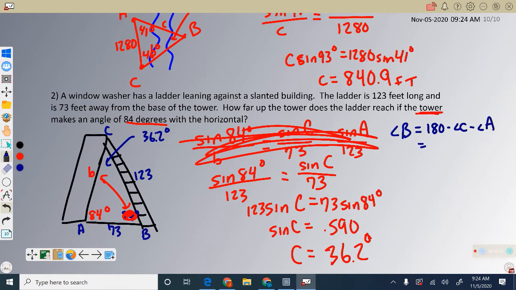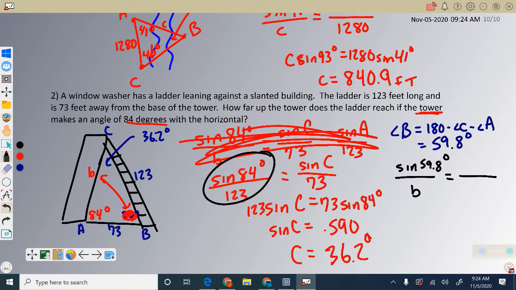So when we subtract 180 by those two values that we know, 84 and the 36.2 we just had, you should have a 59.8 degree angle. Well, that's good because now I can use an angle side pair. I can use sine of 59.8 degrees with side B, and I just need another proportion to use.